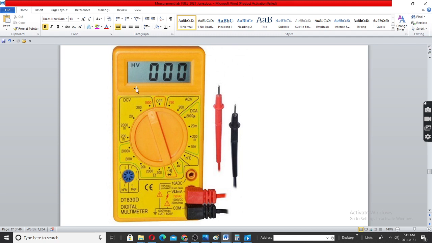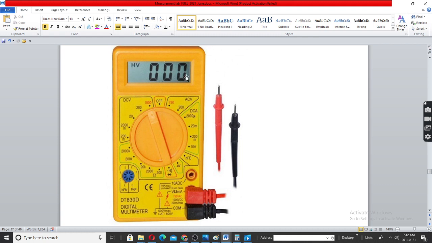Digit 1 to the left means out of range. So you can check whether the diode is okay or faulty, healthy or faulty.